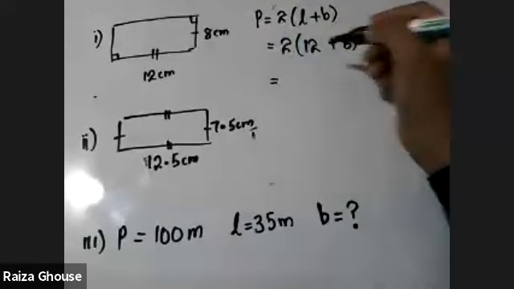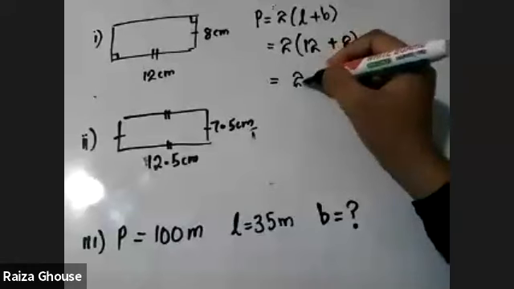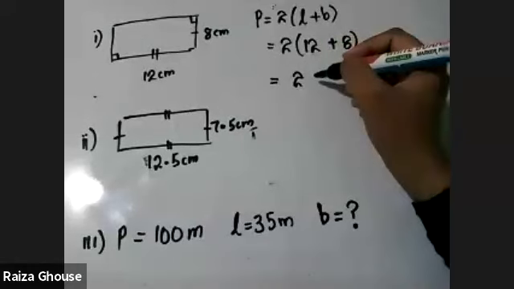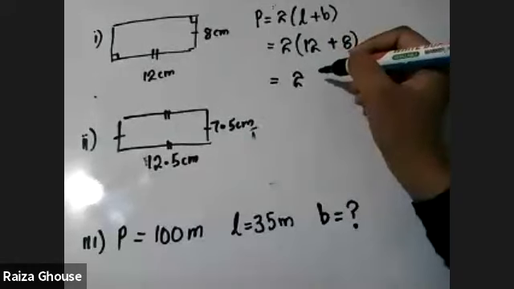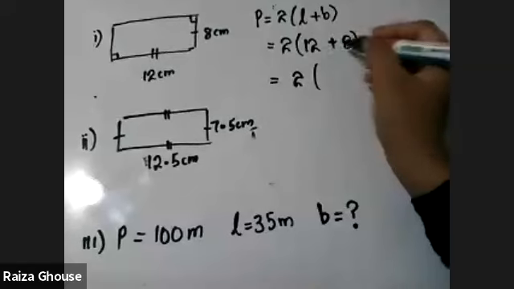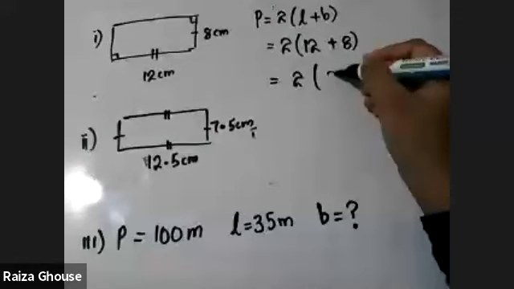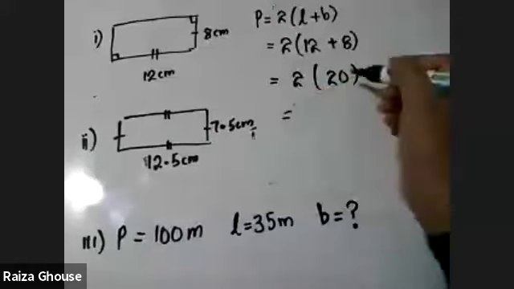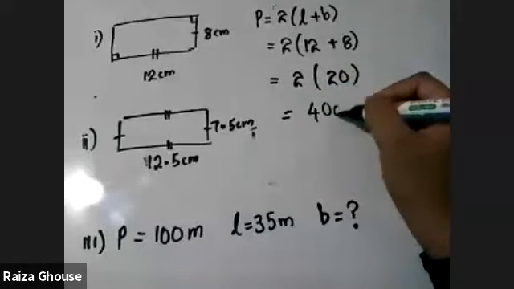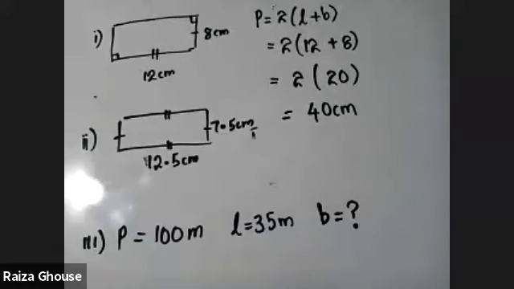Now 2 into 12 plus 8. 12 plus 8 is, you are getting how much? 20. You add them. So 2 into 20, you are getting 40 centimeters. 40 centimeter is the perimeter of the first figure. Check whether it's correct.